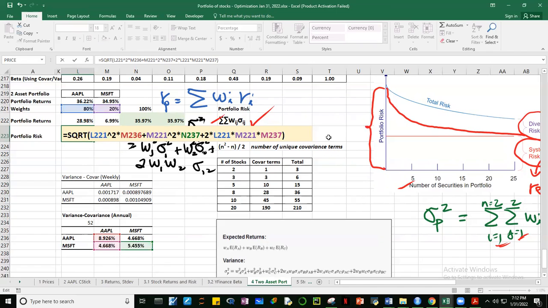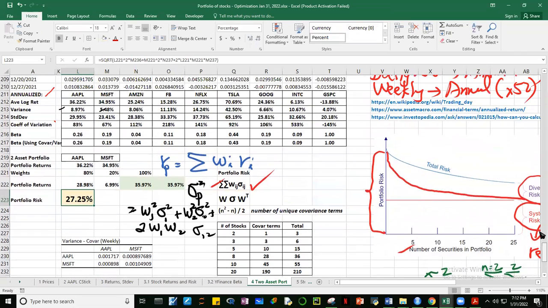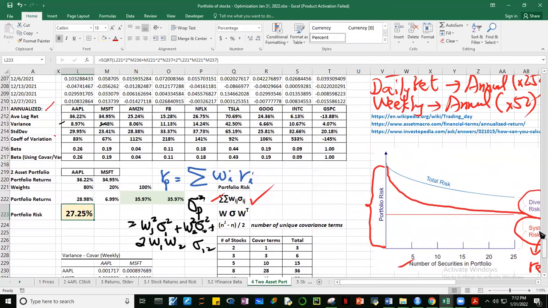And then you get 27.25. Okay, any questions, guys? I'll flash the formula.